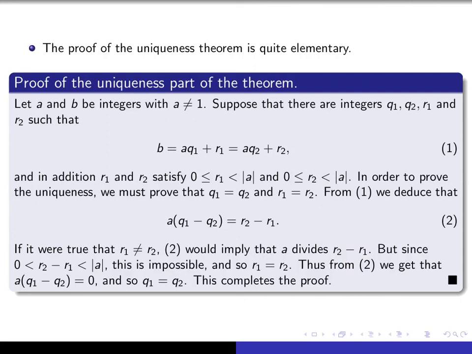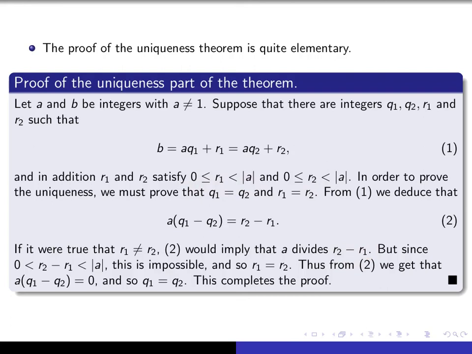But that's impossible, because the fact that R1 and R2 both lie between 0 and absolute A means that their difference must be strictly smaller than absolute A. And that contradicts the fact that A is dividing R2 minus R1. And therefore R1 has to equal R2.